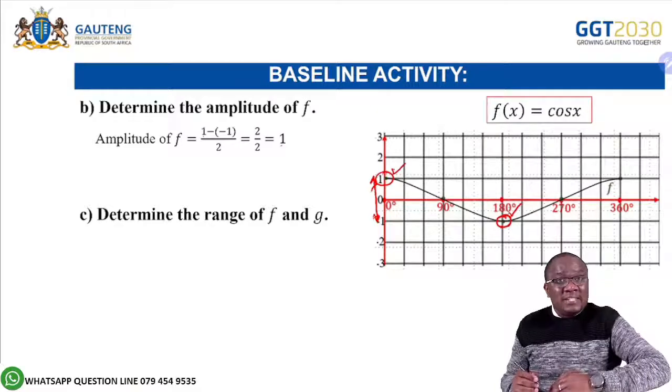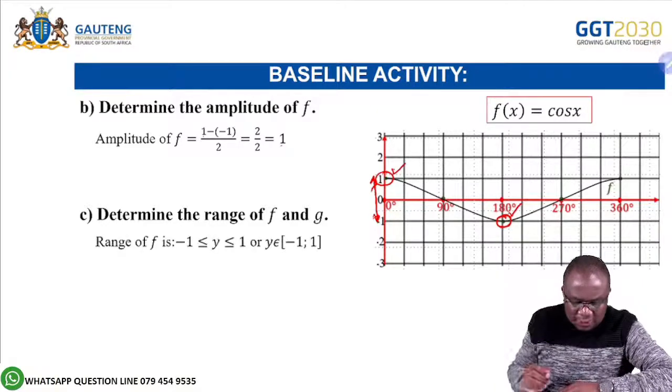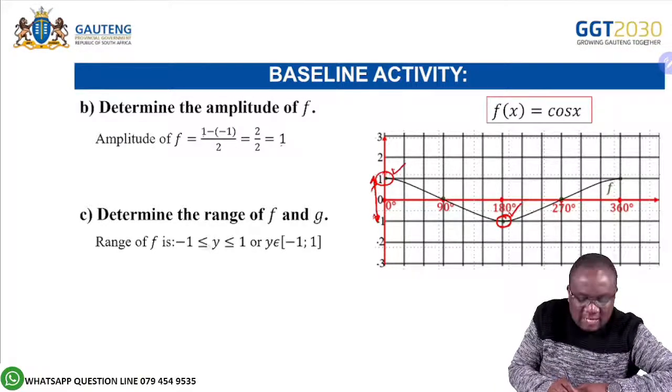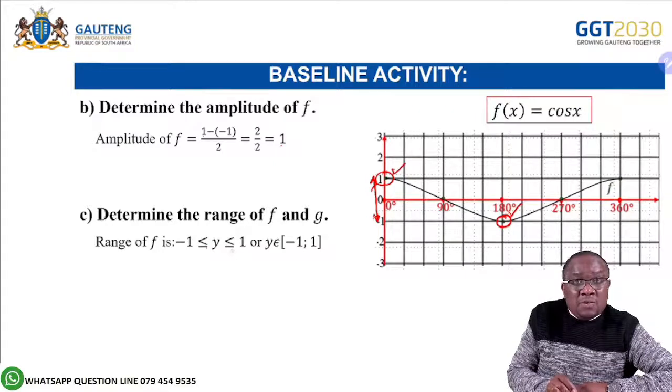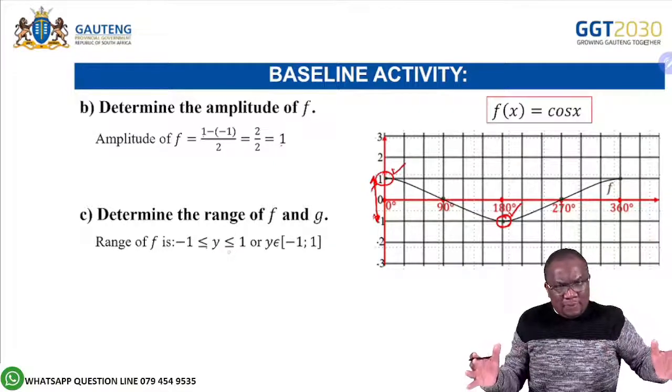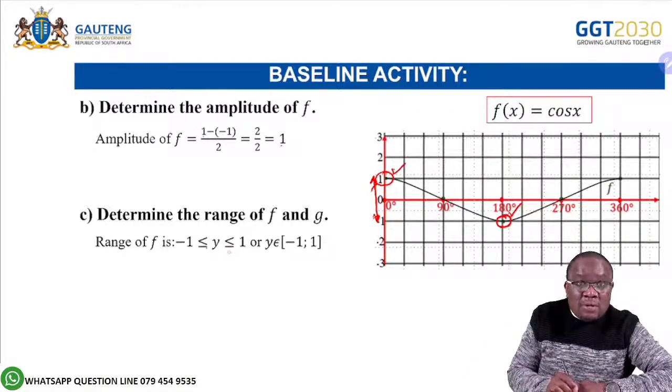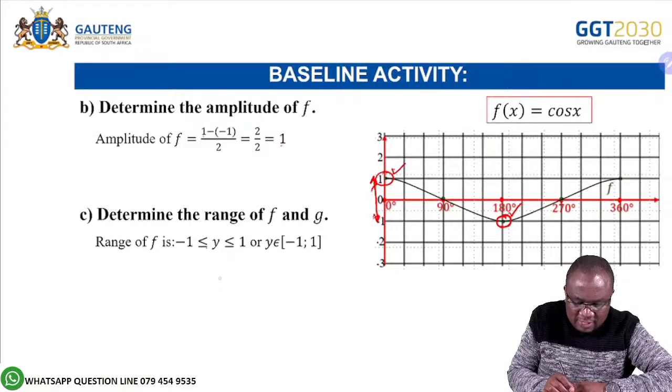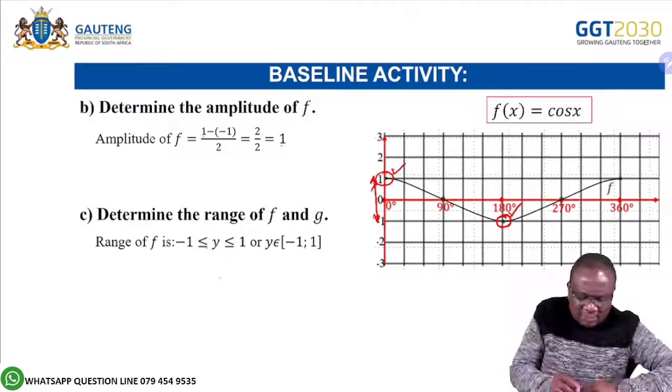That's the range. This is how we write the range: y is greater than or equal to -1, so -1 is included, and y is less than or equal to 1. That's an interval. So this is the range.